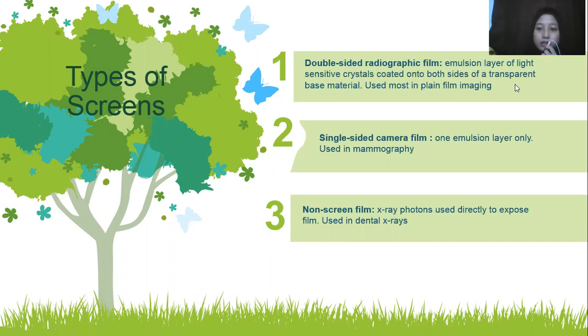And the topic is types of screens. The first is double-side radiographic film, an emulsion layer of light-sensitive crystals put on both sides of a transparent base material, used most in plain film imaging.